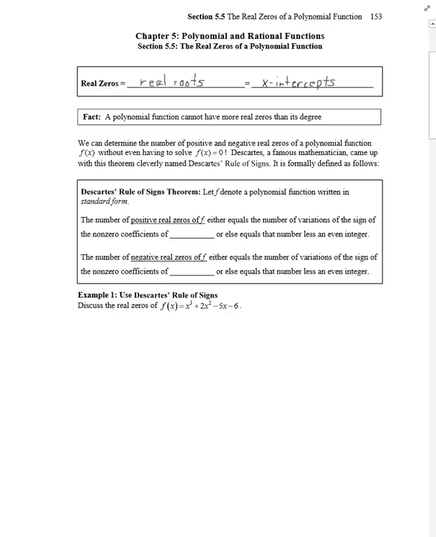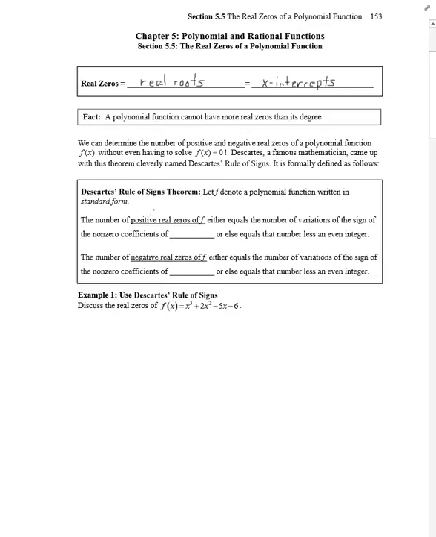Any polynomial function cannot have more real zeros than its degree. So if its degree is 4, the maximum number of real zeros is 4. Now, we can determine the number of positive and negative real roots without ever having to solve. This is called Descartes' rule of signs, and it was created by René Descartes, who is also a philosopher and a scientist.